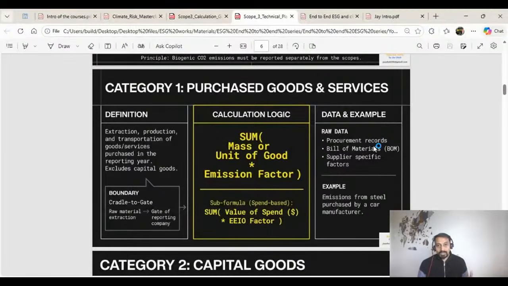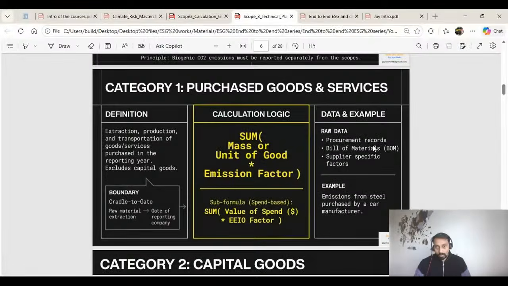If you are using any kind of product, whether furniture, machinery, transportation, or goods and services purchased in your reporting year, you have to calculate those emissions. Here the real game is the extraction, production, and transportation of any purchased goods. Those emissions you have to calculate for your products and services.